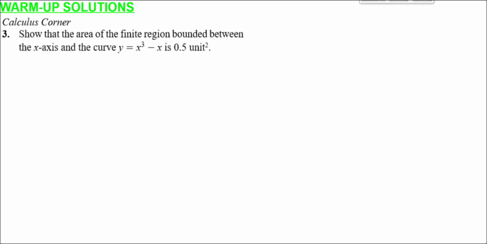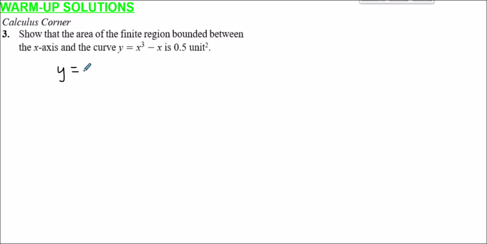Question 3, Calculus Corner. Show that the area of the finite region bounded between the x-axis and the curve y equals x cubed minus x is 0.5 square units. So what we should do for this one is have a think about whether this will factorize or not, and of course it will.